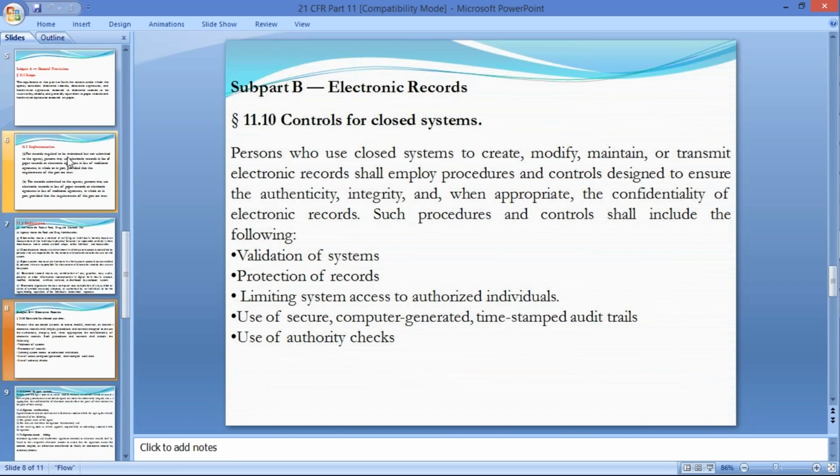These are all definitions. We have proper controls and procedures for closed systems. The person who uses a closed system to create, modify, maintain, or transmit the electronic record shall employ procedures and controls designed to ensure authenticity, integrity, and, when appropriate, confidentiality of the electronic records.